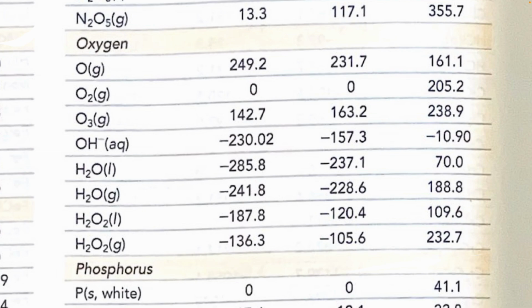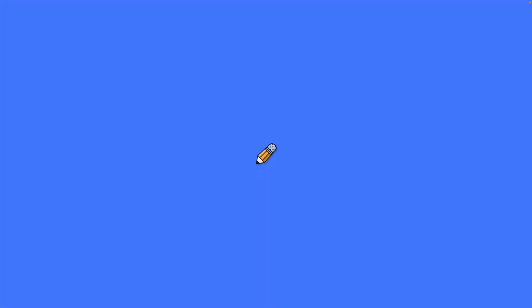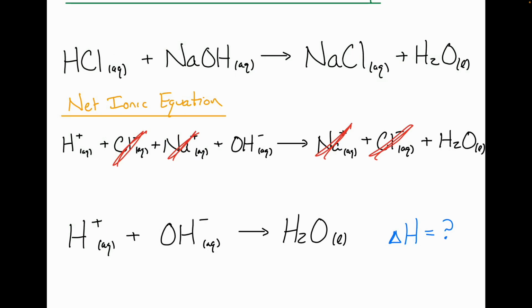All right, so to be clear, the ones that I'm going to need are that hydroxide ion standard enthalpy and liquid water standard enthalpy. Remember, that's only that first column that we're paying attention to. All right, so hydrogen was 0. Hydroxide was the negative 230.02. And that liquid water, negative 285.8.